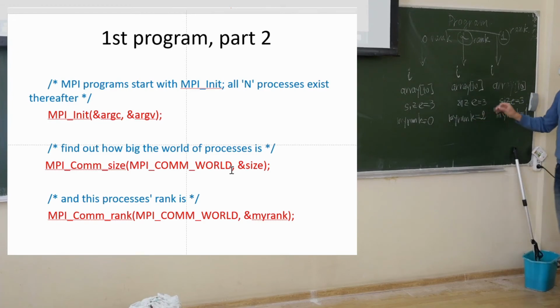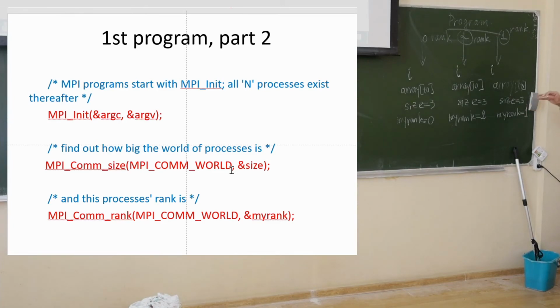Okay, if we consider 5 processes, that means there will be more variables with the name size, more variables with the name myRank, and so on.